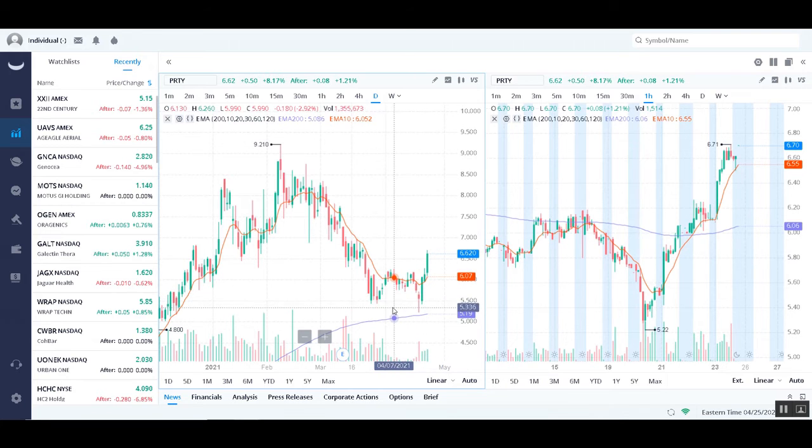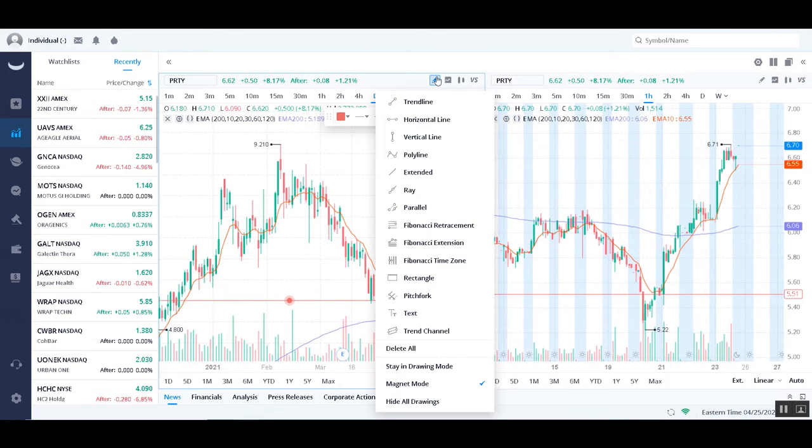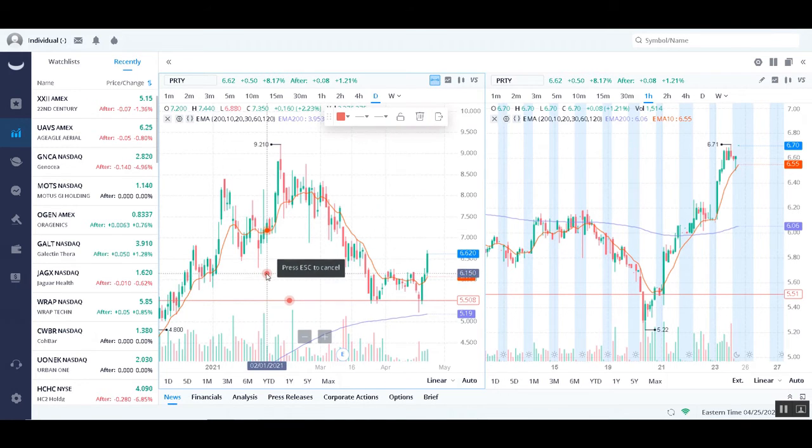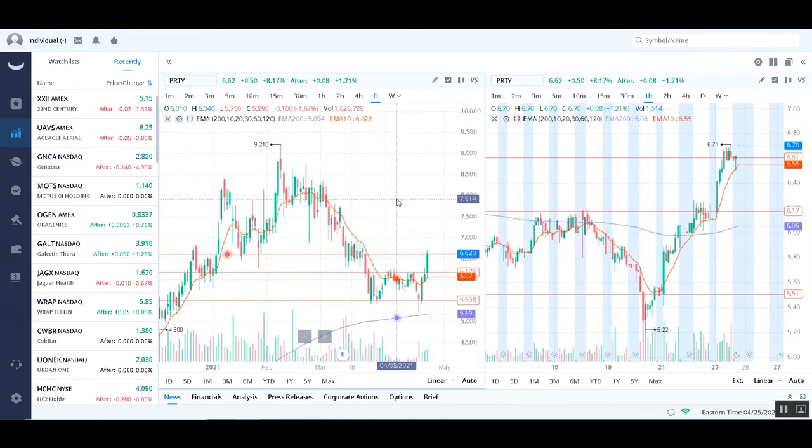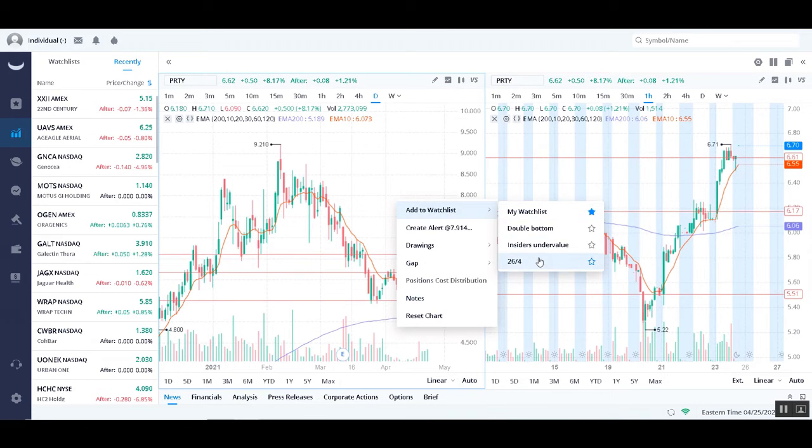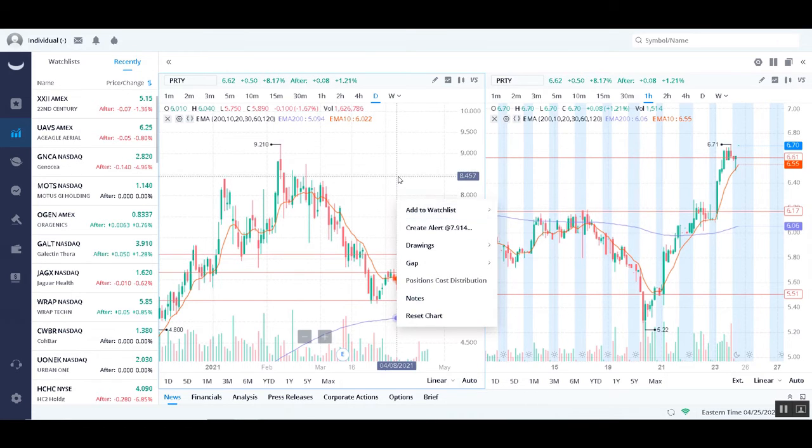Awesome. So as you can see, this is a double bottom. Okay, so clearly the trend has changed, and strength, the first resistance is broken, and the second and third resistance might occur.